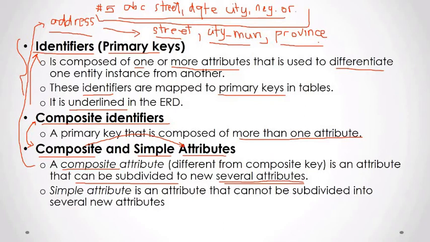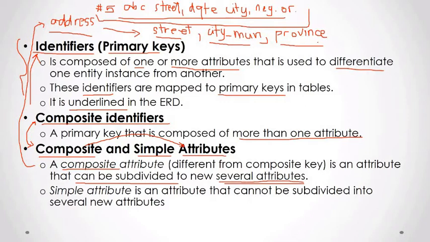Is it really necessary to subdivide? Well, that would now depend on your client. So if your client doesn't care about in what street, in what city, or in what province, what is important is they have an address, then there is no need to subdivide. That composite address is sufficient already.